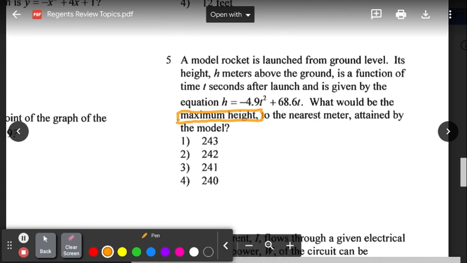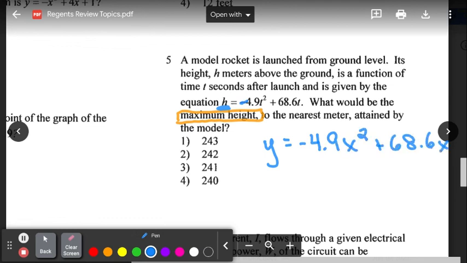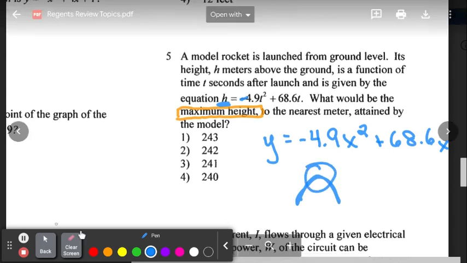Now, you're going to do this on your graphing calculator, except you don't have an h equals, you have a y equals. So you're going to put y equals -4.9 x squared plus 68.6 x. You're not going to use t in the y equals, you use x. And your graph is going to be shaped somewhat like this, and you're going to find the highest part.